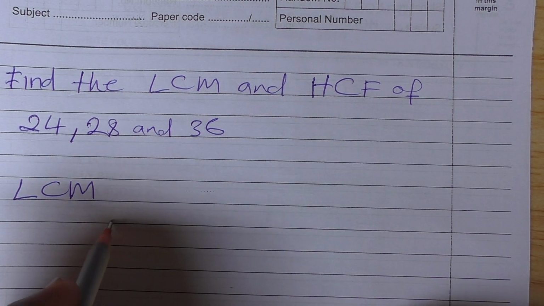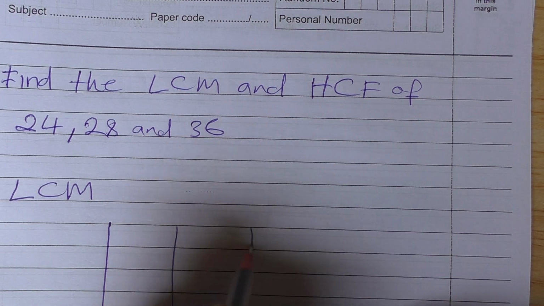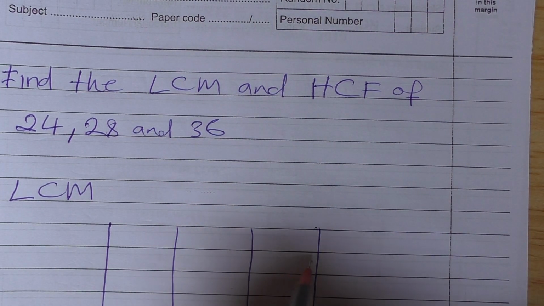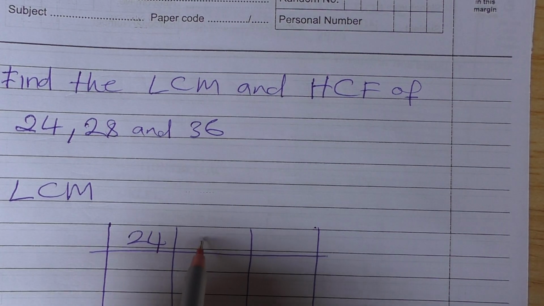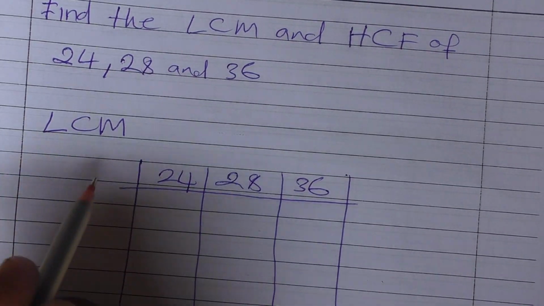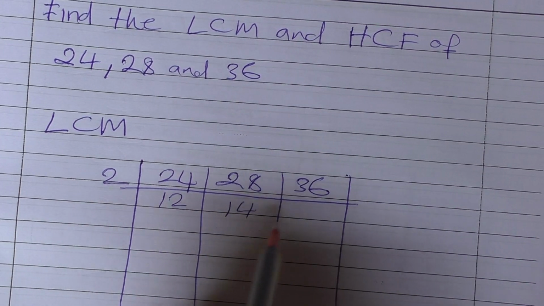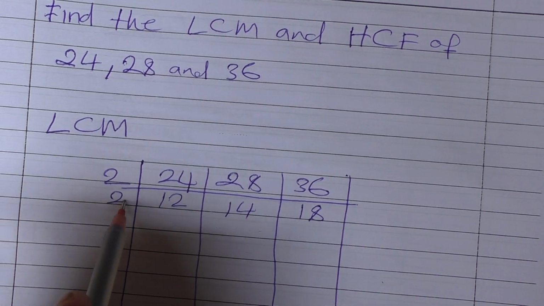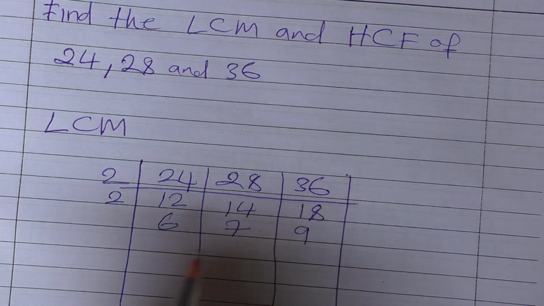In finding the LCM of the 3, we must decompose these 3 numbers using their prime factors. We have 24, 28, and 36. By 2, we get 12, 14, 18. Still by 2, we get 6, 7, 9.